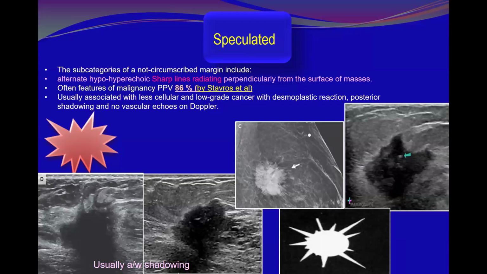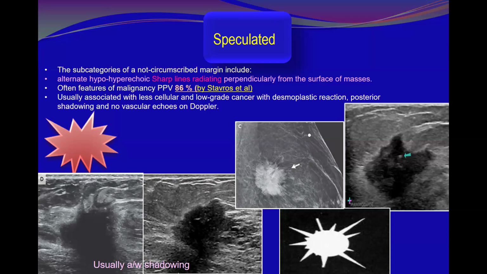Okay. What are spiculated margins? A subcategory of non-circumscribed, representing alternate hypo- and hyperechoic sharp lines radiating perpendicular from the surface of masses, and often a feature of malignancy with a positive predictive value of 68% by Stavros et al.